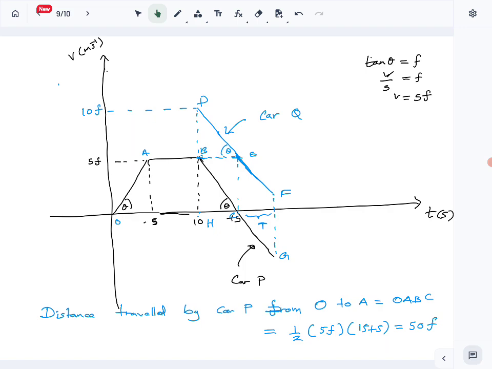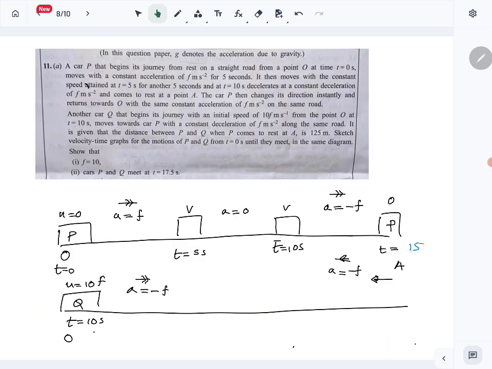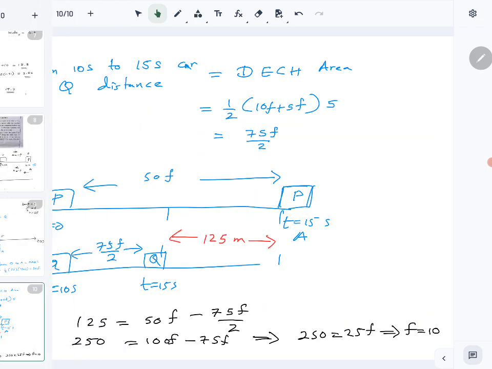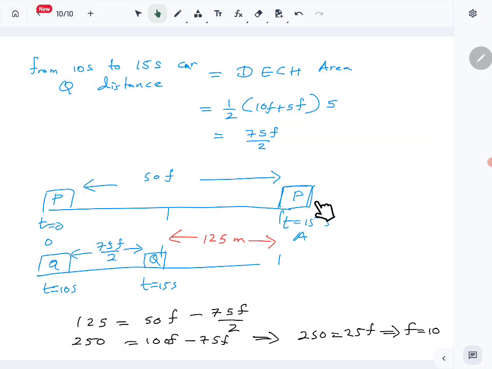So now when it is at 15 seconds, remember car P is at A, car P is at A and car Q is at this point, and the difference is 125 meters. And now P is traveling in this direction, Q is traveling in this direction.